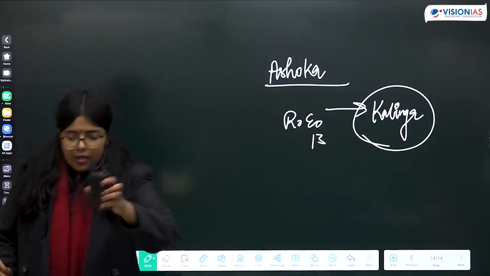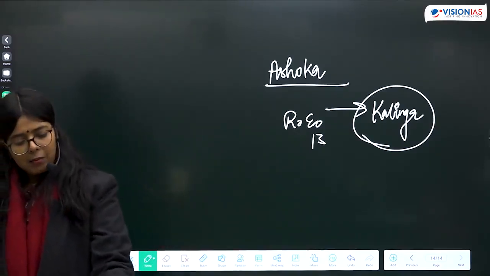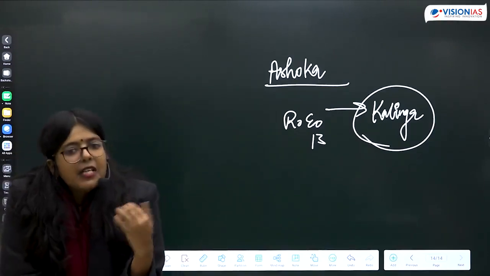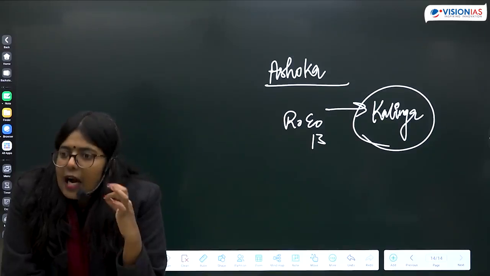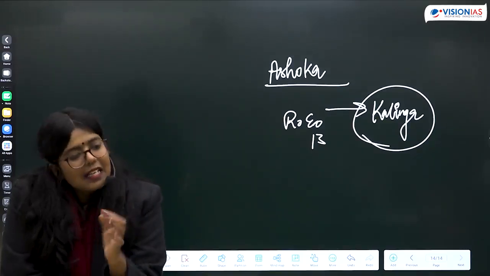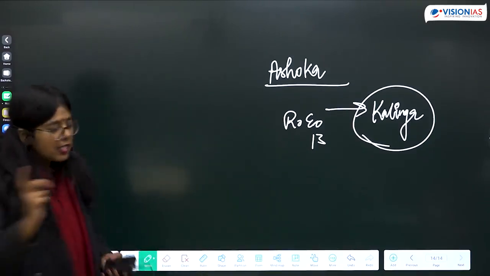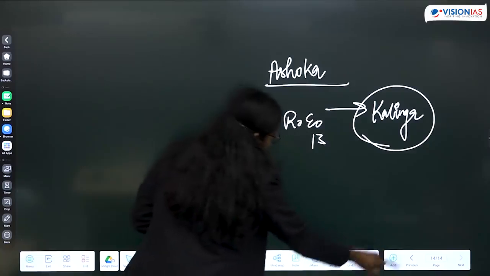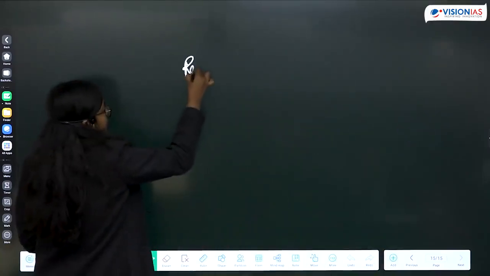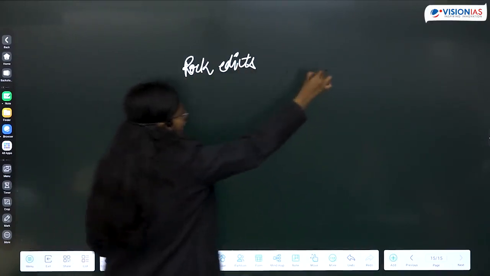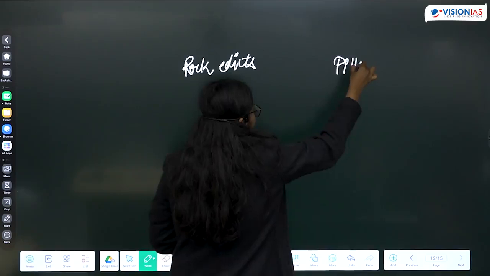Now when we are talking about Ashok, he is somebody who has given a lot of information about his deeds and his ideas in his inscriptions. When we are talking about his prominent inscriptions, they can be divided into rock edicts and pillar edicts.